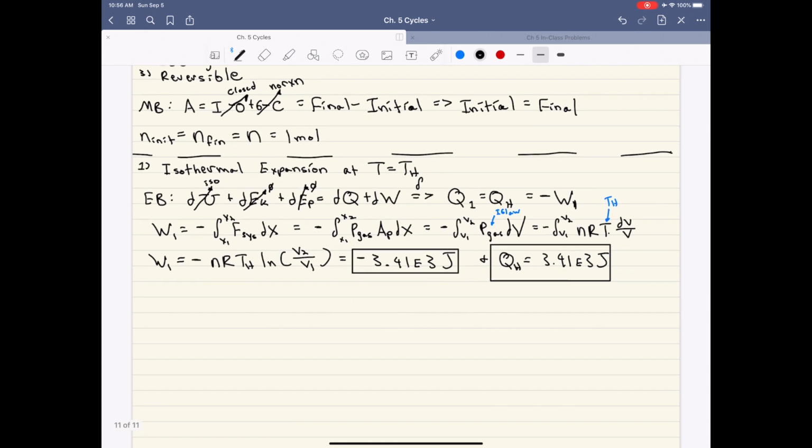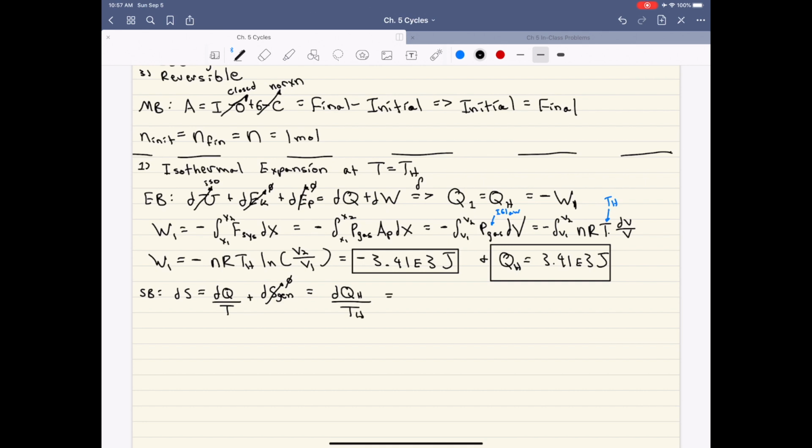Now to get the change in entropy, we just look at our entropy balance. We'll use the difference form again: dS equals dQ over T plus dS gen. This is reversible. We're not generating any entropy. That goes to 0. And so what we're left with is dQH divided by TH.